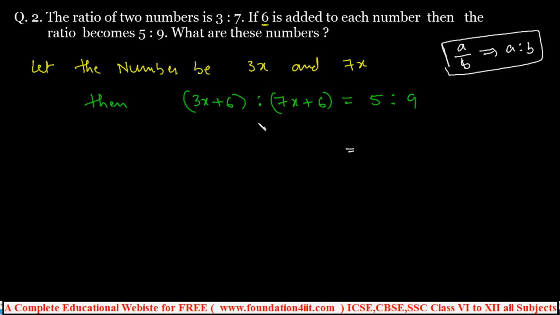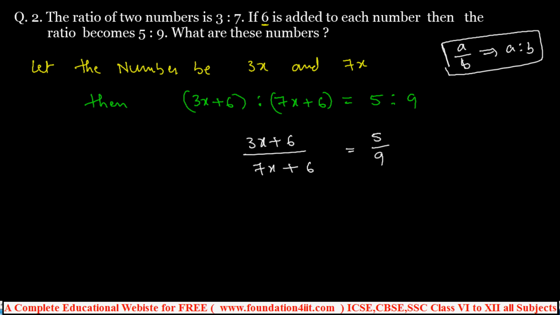We can convert: 3x plus 6 by 7x plus 6 is equal to 5 divided by 9. Just do cross multiplication and find the x value. Then substitute in place of 3x and 7x, and we'll get the numbers.